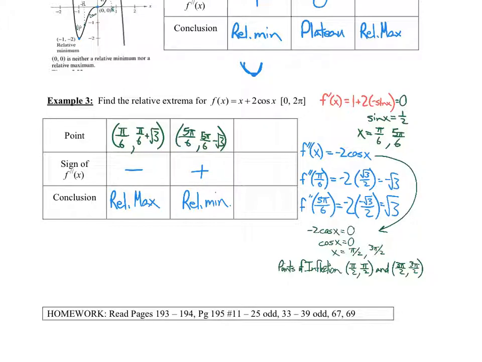So pretty much if you have a min, it's going to be concave up, and a max is going to be concave down. Unless it's undefined. If it's undefined, you have to use the first derivative test. If it equals 0 and then it equals 0 again for the second derivative, you've got a point of inflection, which is a plateau point.